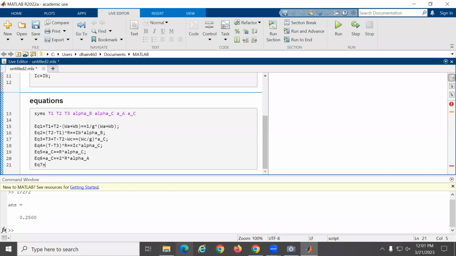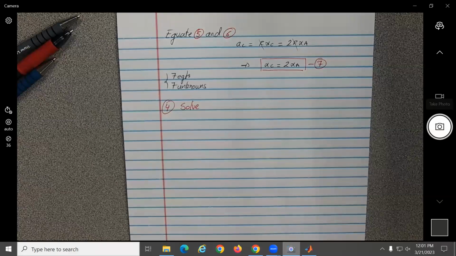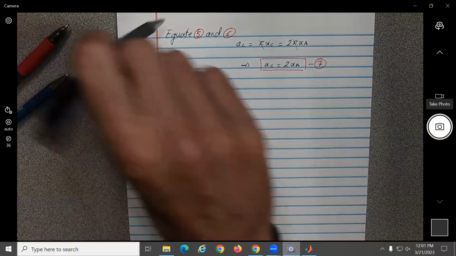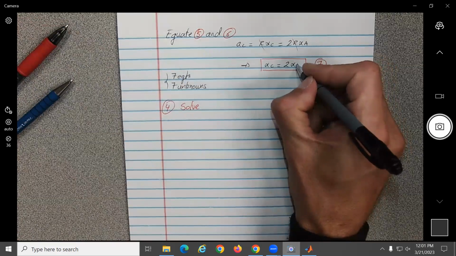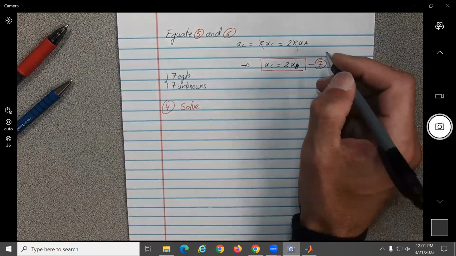So let's go back then to the equations. So what we're saying is that really this one here should be a B, no? On equation 7.